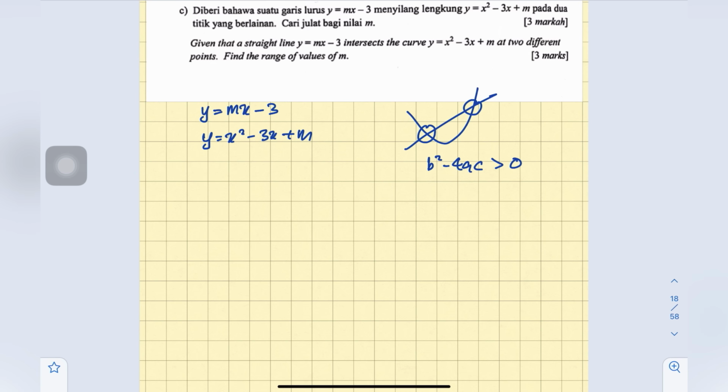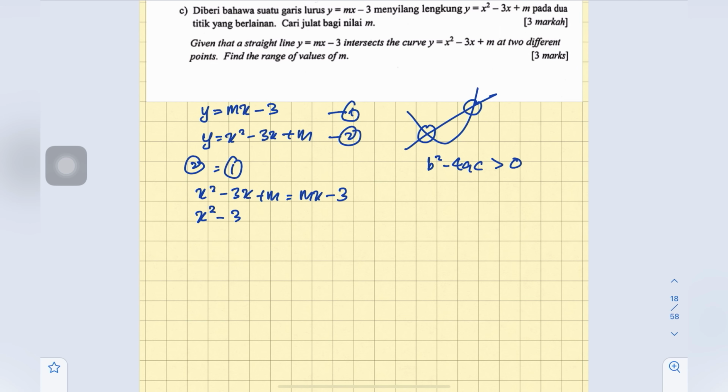But at first we have to equate the equations. Equation 1, equation 2. So 2 equals 1 becomes x squared minus 3x plus m equals mx minus 3. So x squared minus 3x minus mx plus m plus 3 equals 0.